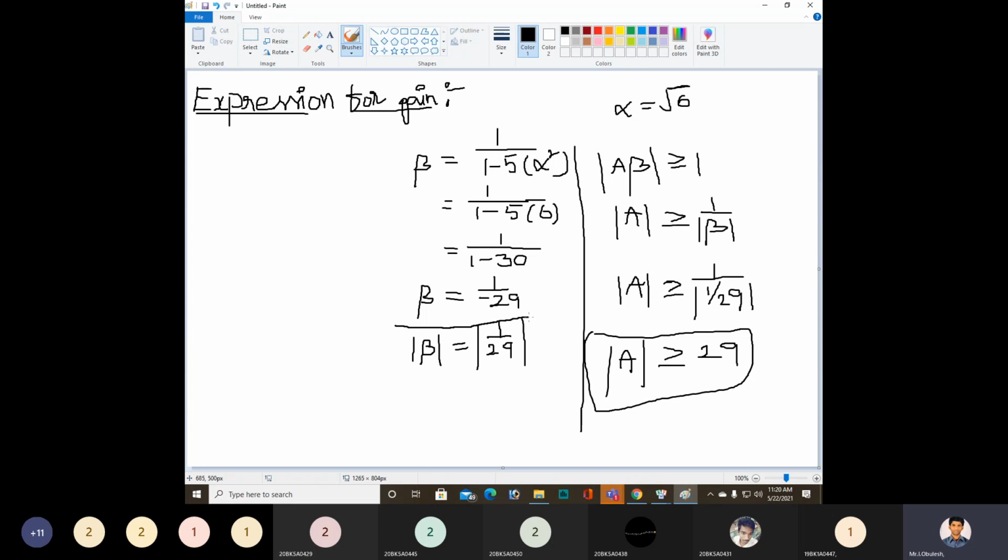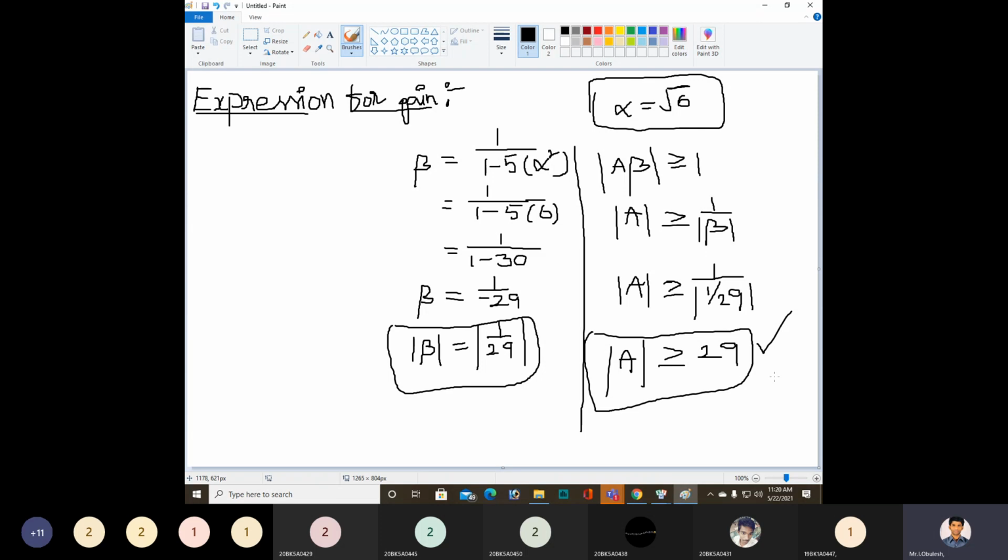So this is the beta value, this is the alpha value, and this is the expression for gain. For sustained oscillations, mod A beta is greater than or equal to 1.